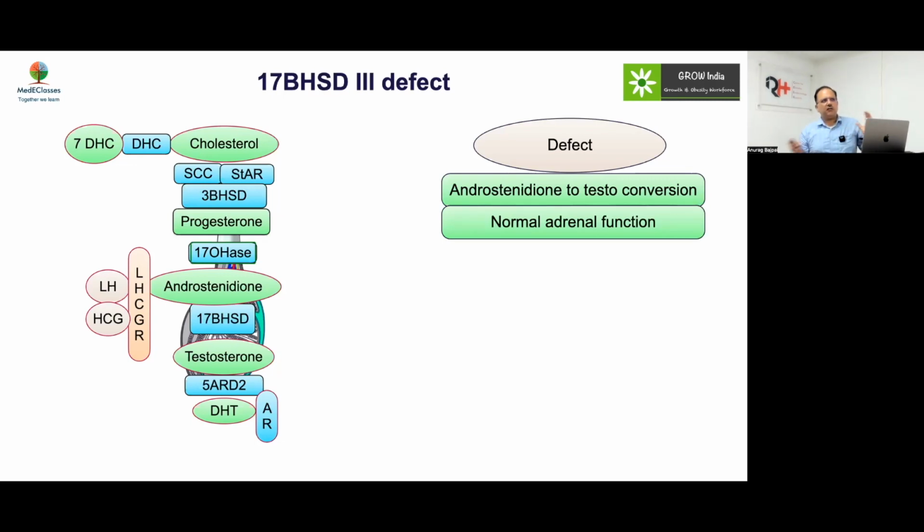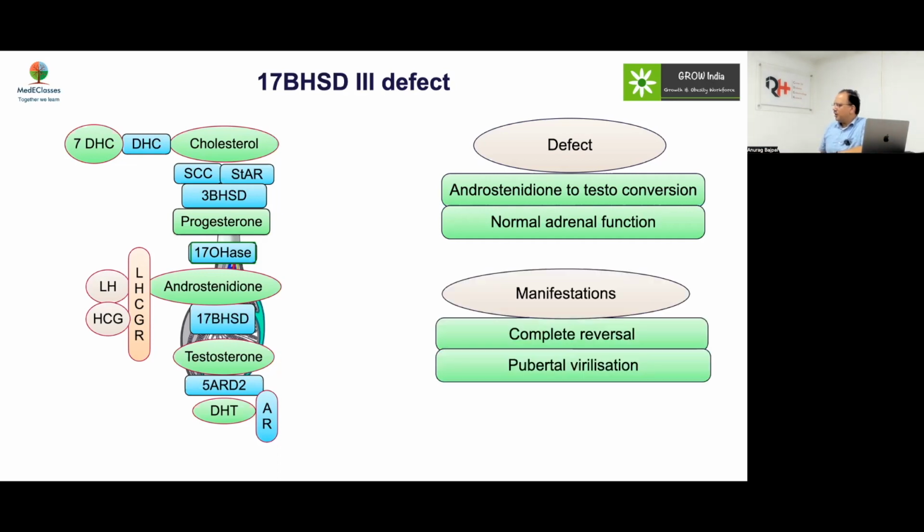They are just a differential very close to the scenario of what we talked about in terms of LHCG receptor defect. They will have no salt wasting, and isolated testosterone deficiency is what they will present with, complete sex reversal, and you may have some pubertal virilization, which is seen. The characteristic feature is that you have androstenedione which is not getting converted to testosterone.